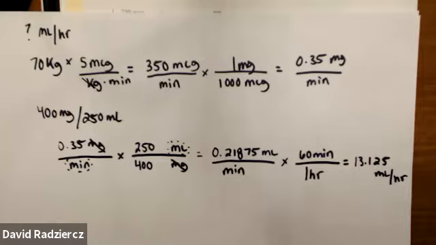But since you're being asked to round things to the nearest tenth, I think you'd be okay with doing 13.1 milliliters per hour, but I would just verify that with your lab instructor, like how they want you to write answers that have a decimal ending. But my guess is that they would want it to be rounded to the nearest tenth when it's a number greater than 1.